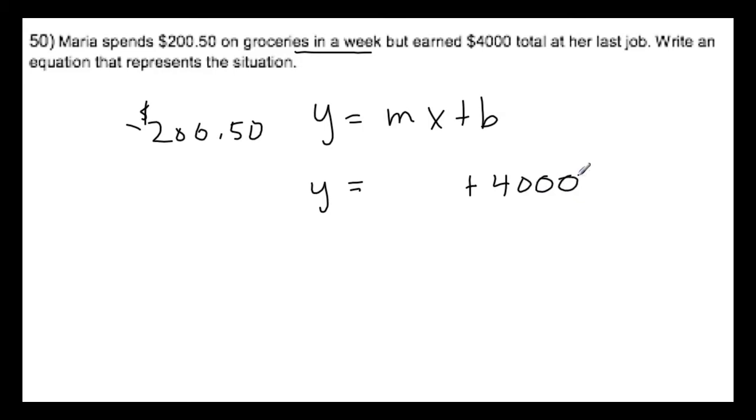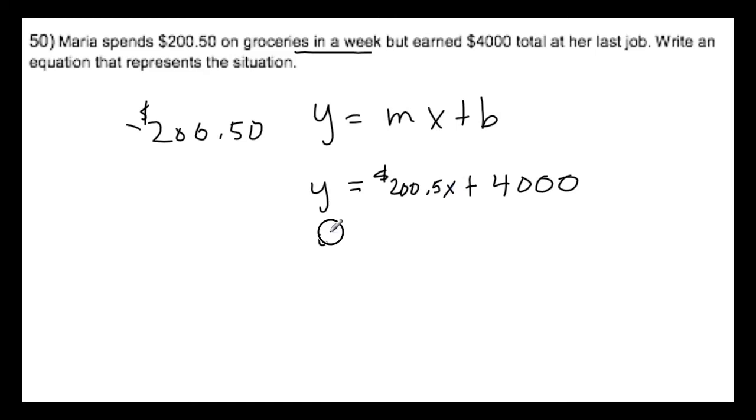But now every week, she's going to spend $200.50. So that's our rate of change, because that continues over and over again. So 200.50, and we'll use X for weeks. So Y would end up being the amount of money she would have after X number of weeks.